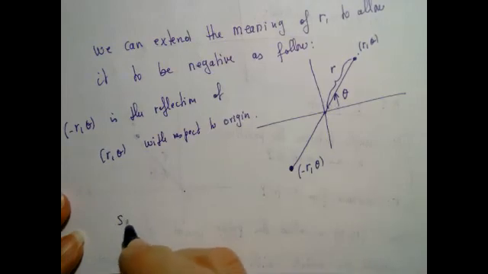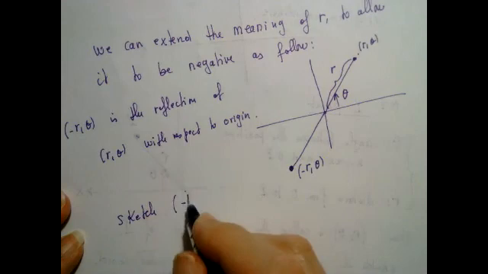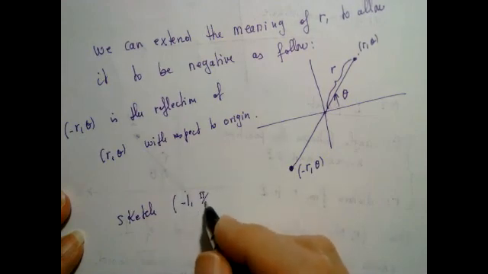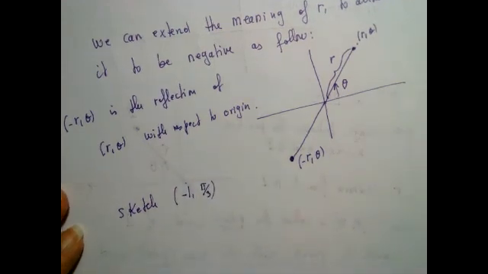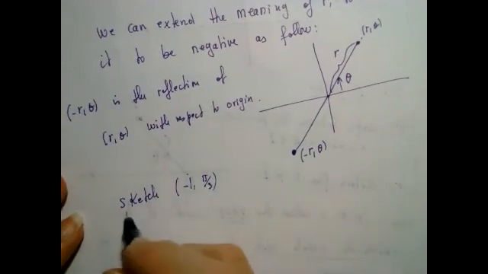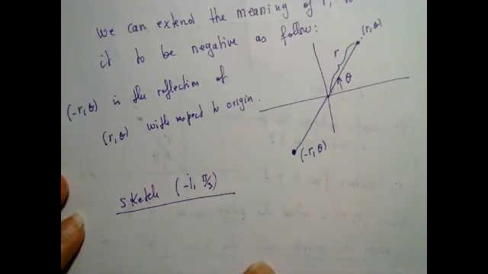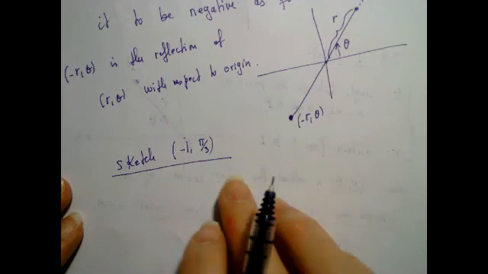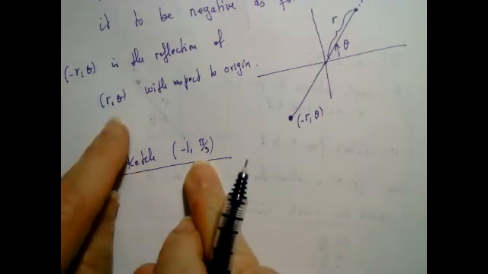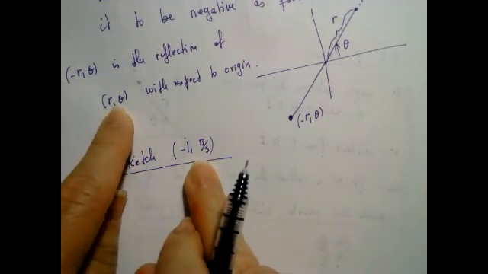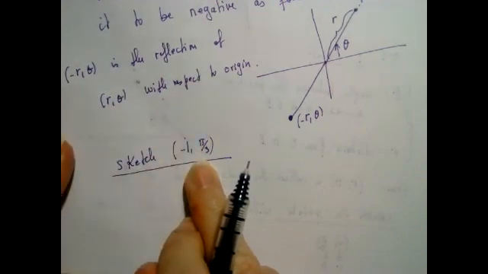So let us sketch the following point: (minus 1, pi over 3). And this is a point given in polar. So what is (minus 1, pi over 3)? It's the point which is the reflection of (1, pi over 3) with respect to the origin.